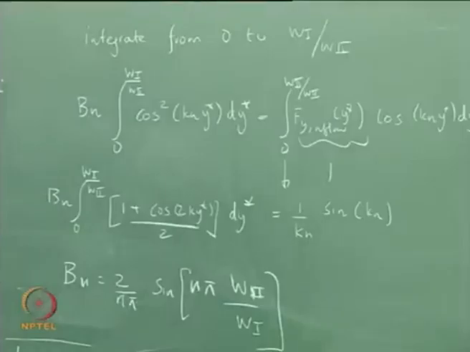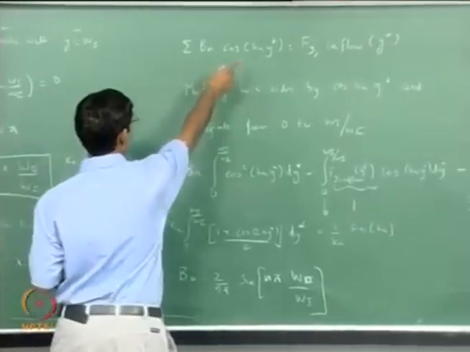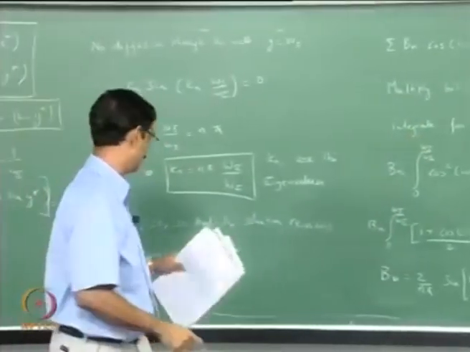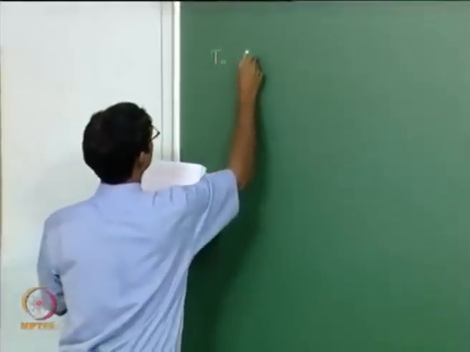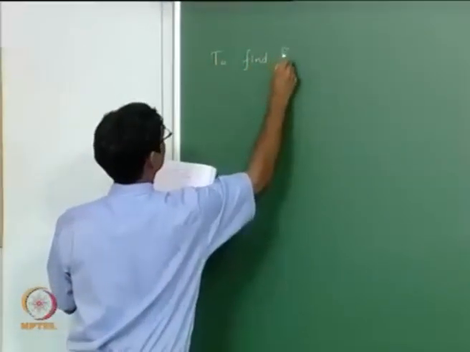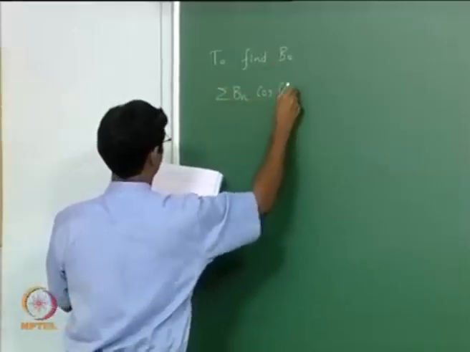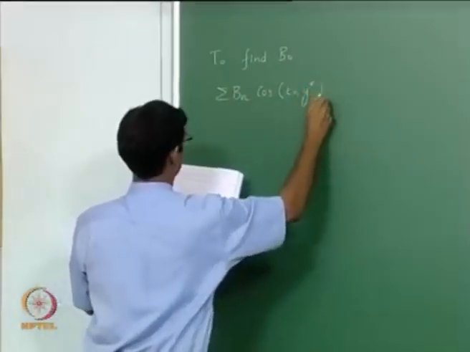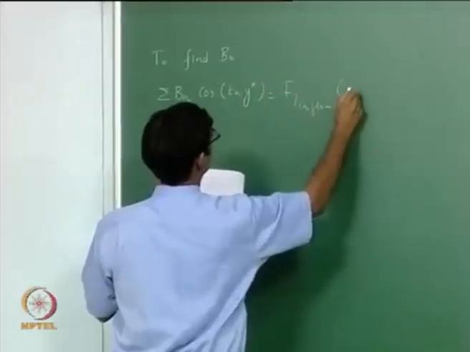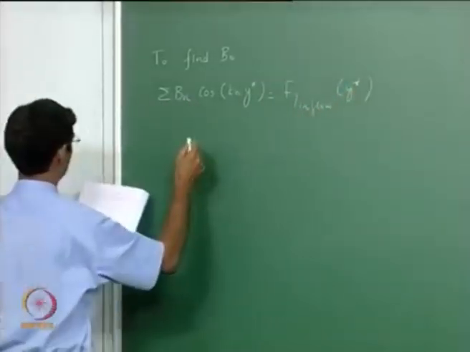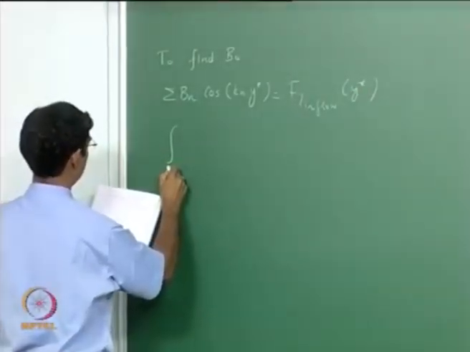So now we need to get B naught. For B naught we don't multiply anything, we just integrate that equation. So we have to find B naught. So this is our equation. We just integrate this.